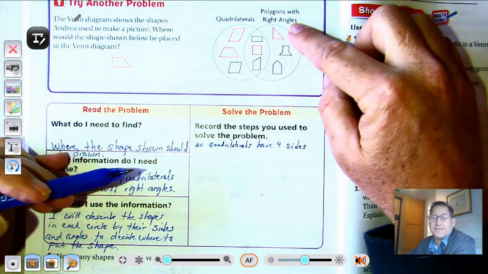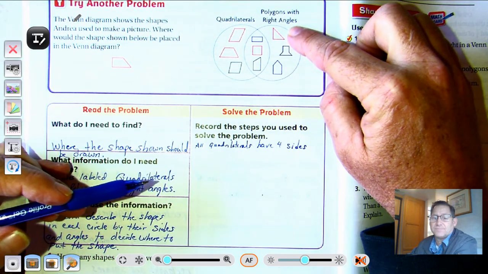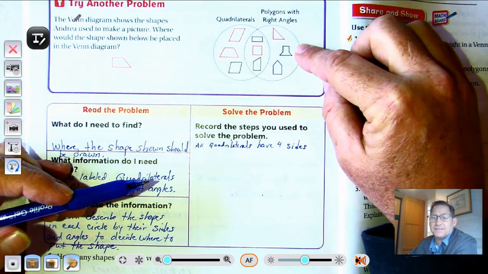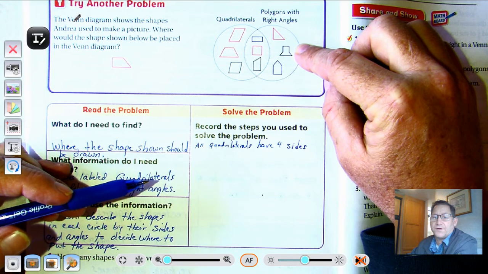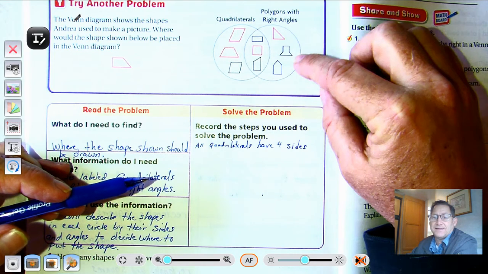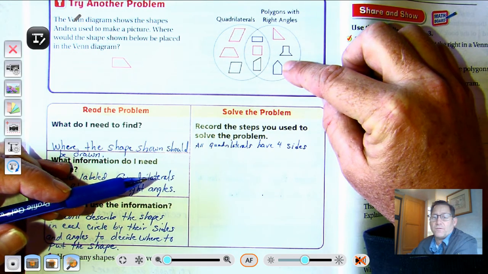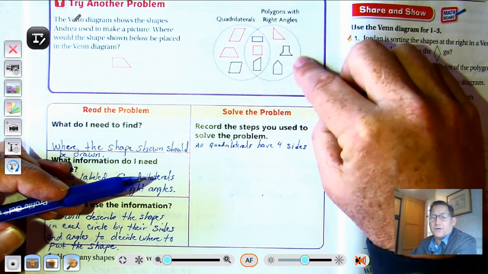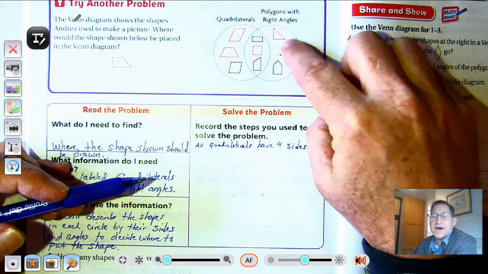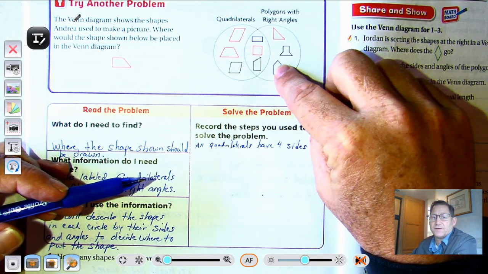Okay, so we notice here that this has three sides. This has 6 sides. This has 5 sides. So these are polygons that are not quadrilaterals.